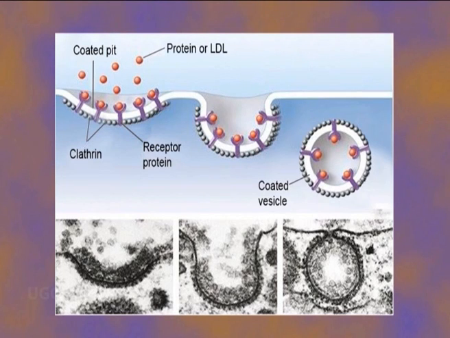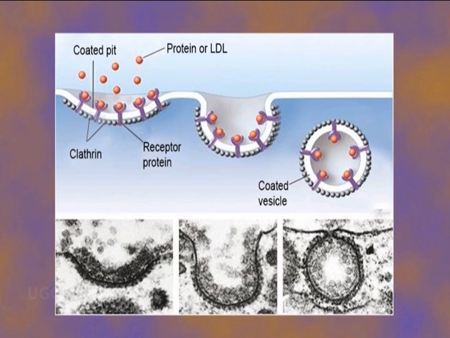In receptor mediated endocytosis, small items such as proteins or low density lipoprotein, that is LDL particles, are taken up selectively. For this to occur, the substance must first bind to specific protein receptors on the plasma membrane.